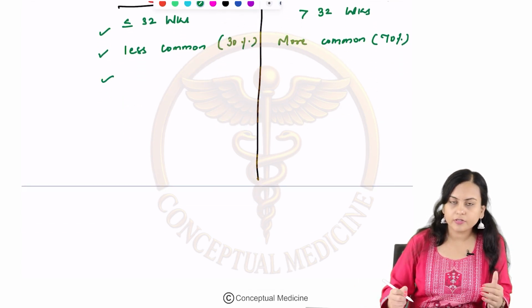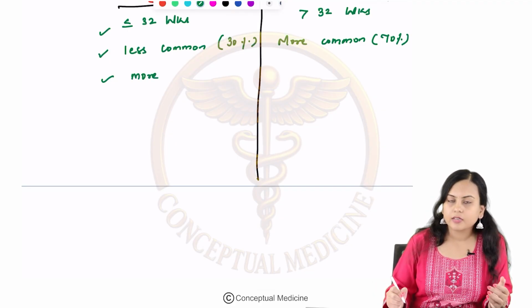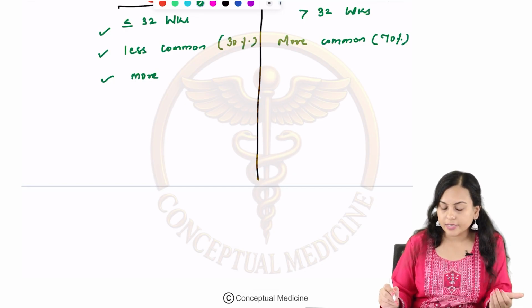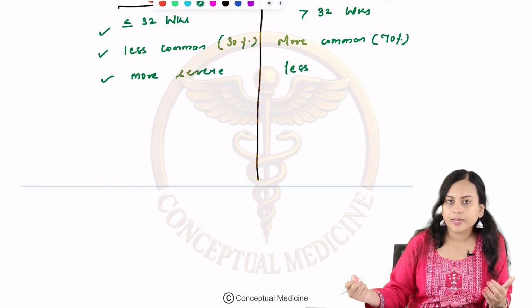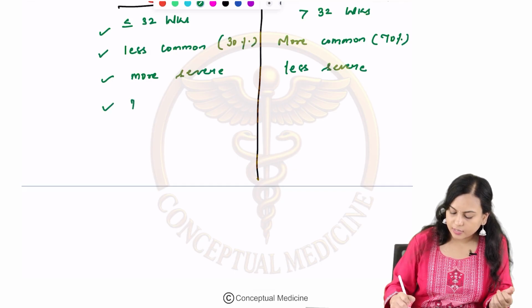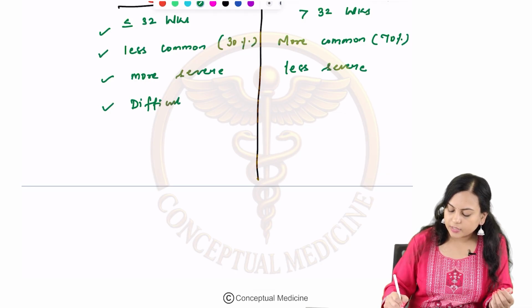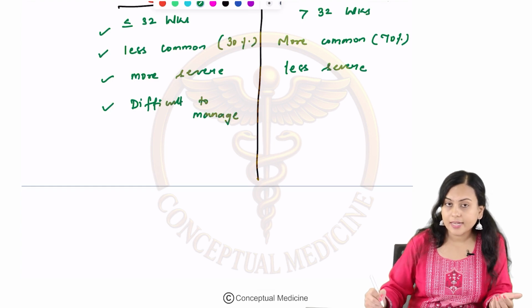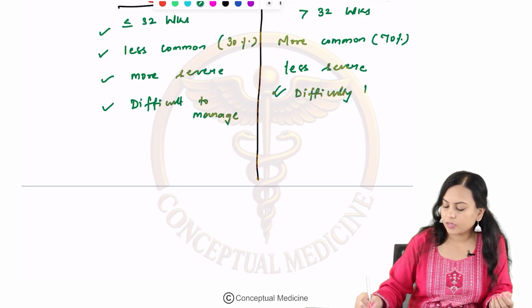Just like your symmetrical and asymmetrical IUGR, if the IUGR is going to happen early, this will be more severe, whereas in late onset IUGR, there will be less severe features. And if the IUGR is happening early, it will be difficult to manage, whereas in late onset IUGR, there will be difficulty in diagnosis.